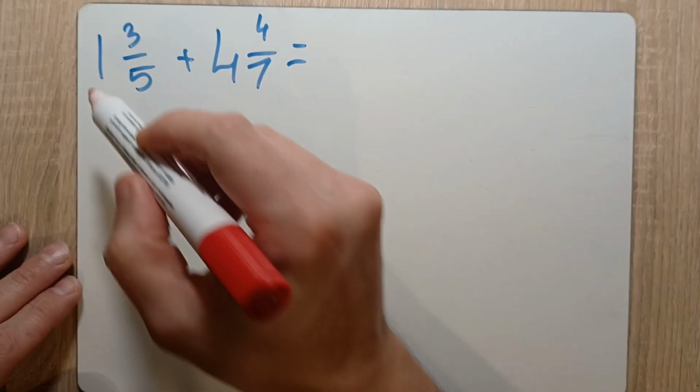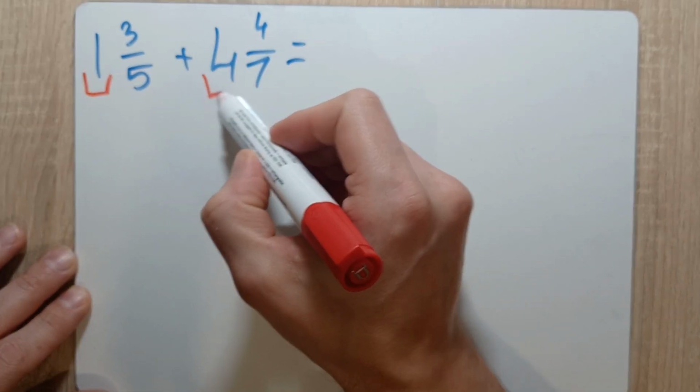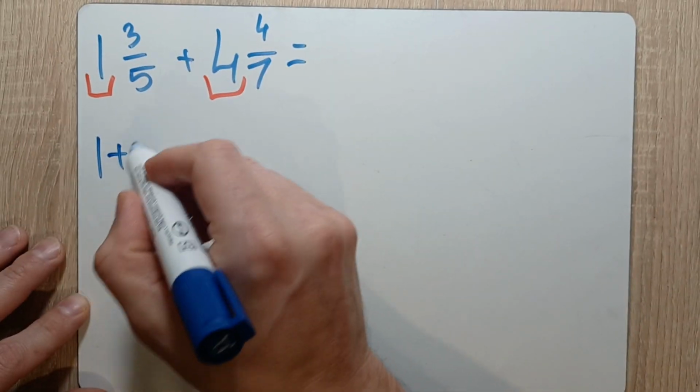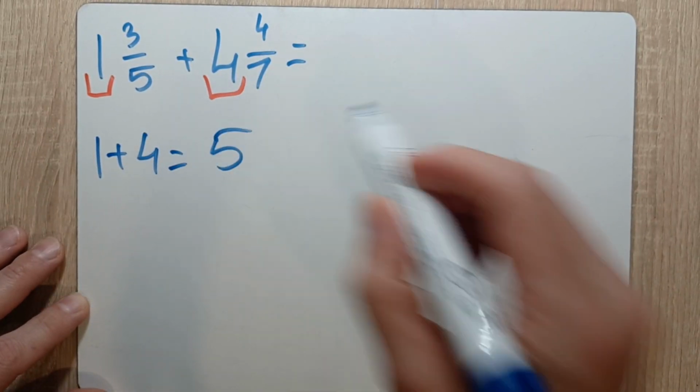Okay, same thing. Let's start with whole numbers. 1 plus 4 equals 5.